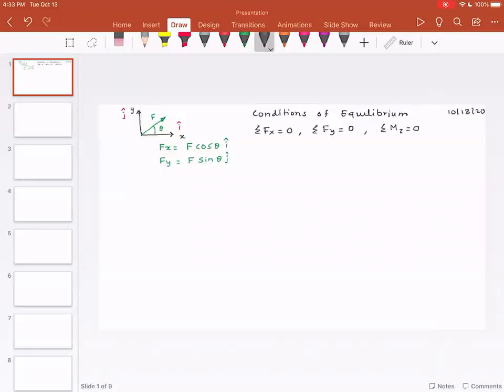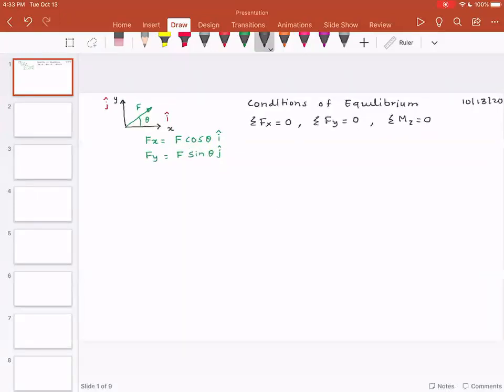So the question that I'm interested in answering is how to find static forces on robot. And then what is its relation to Jacobian?